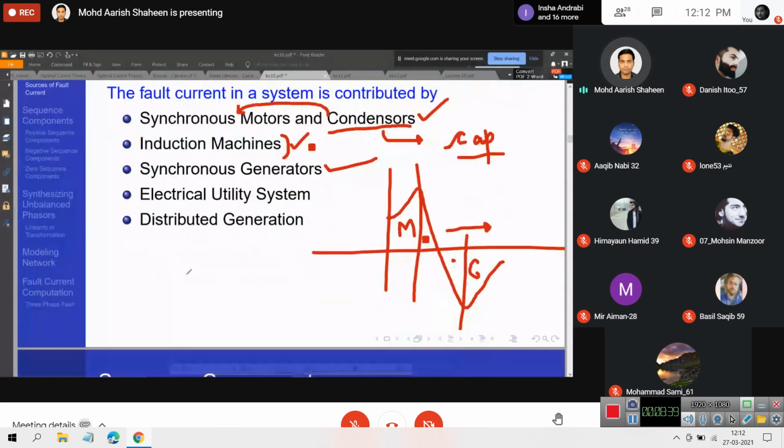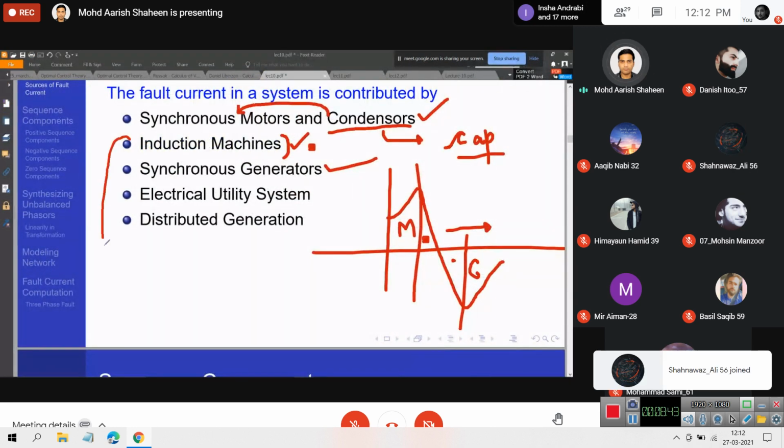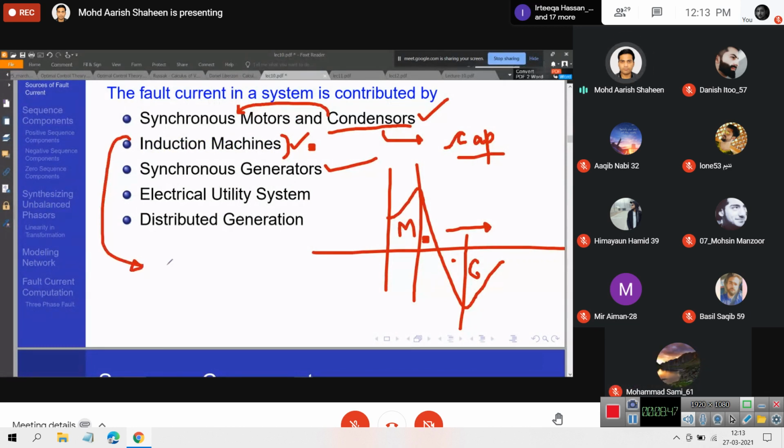Because if you look at industries, I would not say most, but especially if you count the number of motors, say if you have 1,000 motors in an industry, maybe 900 are induction motors. So whenever there is a fault, even the induction motor can contribute to the current.